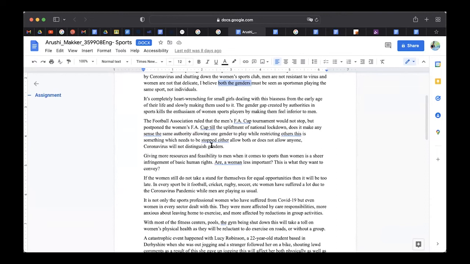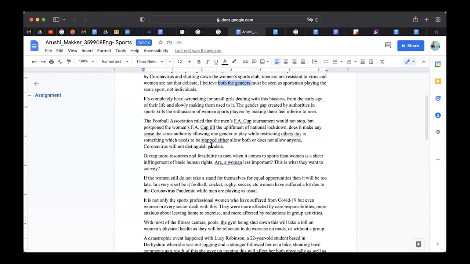The gender gap created by authorities in sports kills the enthusiasm of women sports players by making them feel inferior to men. I wouldn't say "the gender gap created by authorities", but if you want to use the word authorities, the gender gap which has been created by authorities in sports kills the enthusiasm of women as players by making them feel inferior to their male counterparts.